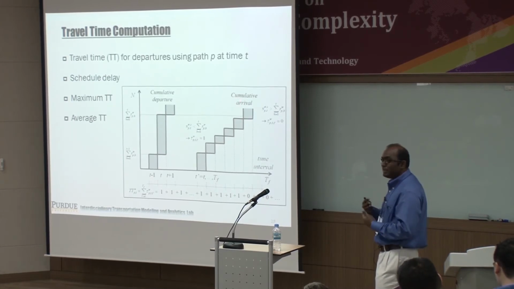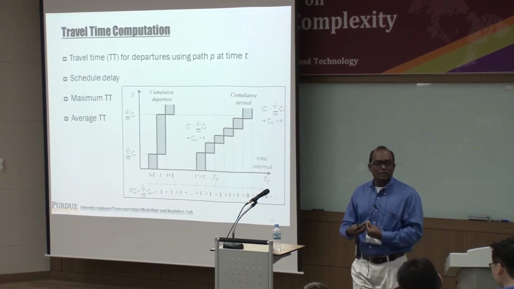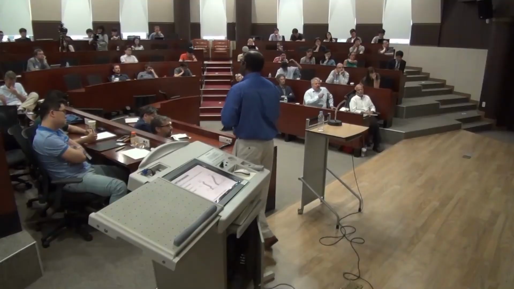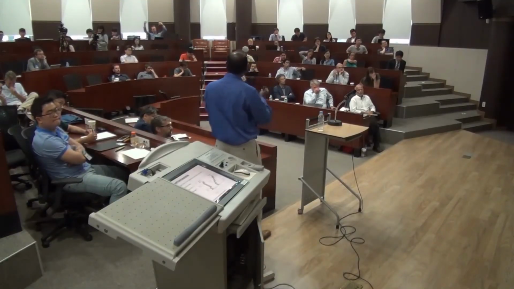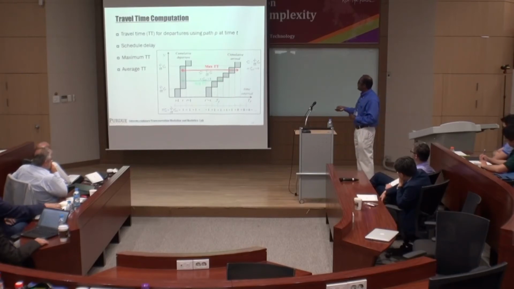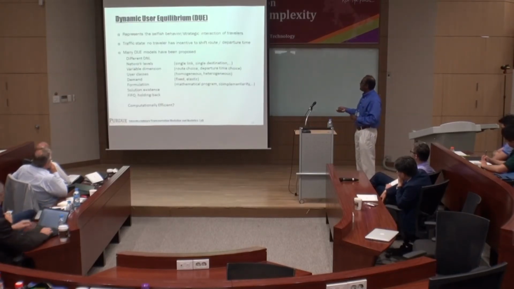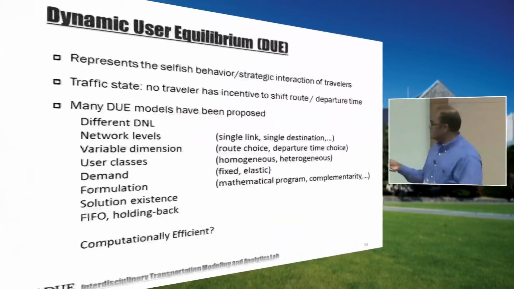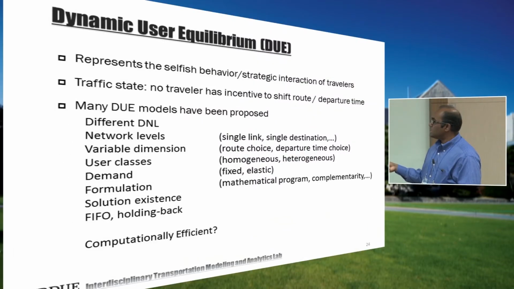So either you can come up with an analytical formulation for the maximum travel time or the average travel time, and then you can use this cost function to compute the dynamic equilibrium.